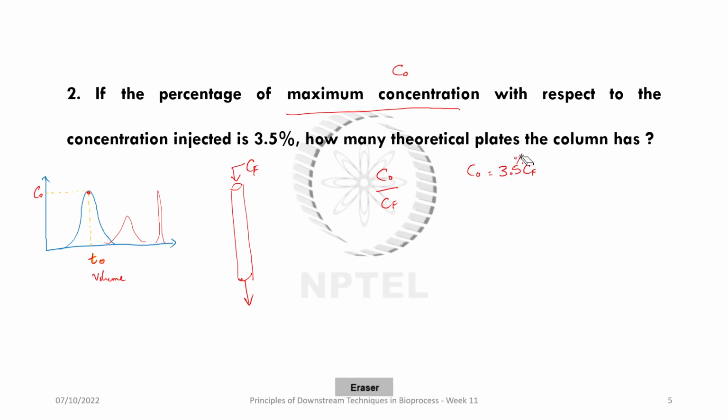Divided by 100, correct? 0.035 into CF, or C naught by CF is equal to 0.035. You can take it either way, it's the same meaning. Yes. So now the question is, how many theoretical plates does the column have?